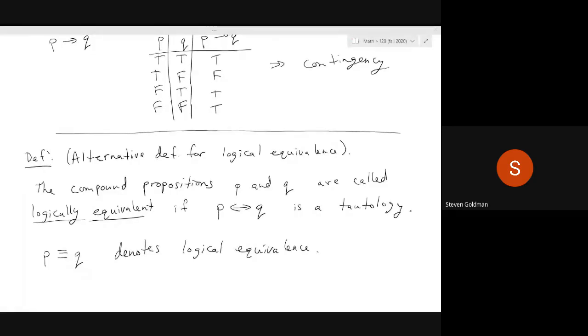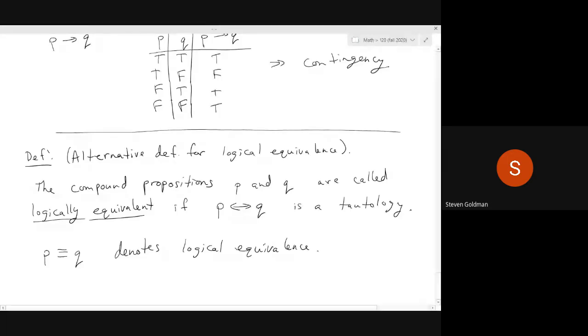Any questions so far? All right, I'm now going to give you a table of some important logical equivalences of statements that are logically equivalent to each other.